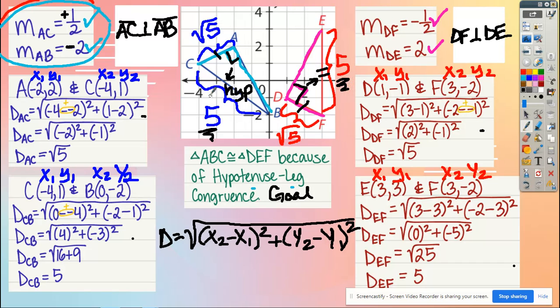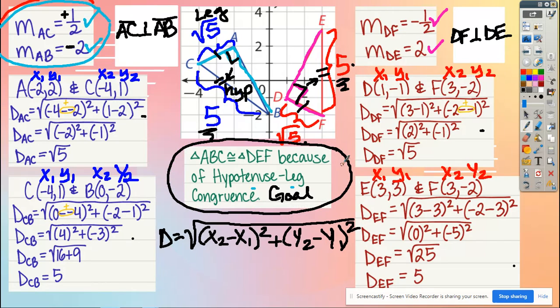Yes, I can put 2 tick marks here and 2 tick marks there. So since I have a leg that matches a leg, a hypotenuse that matches a hypotenuse, I can say that triangle ABC is congruent to DEF because of hypotenuse leg congruence. Goal was achieved.